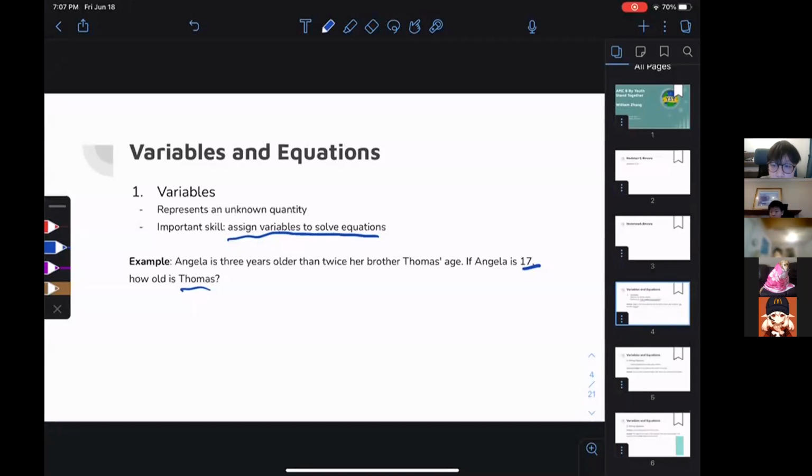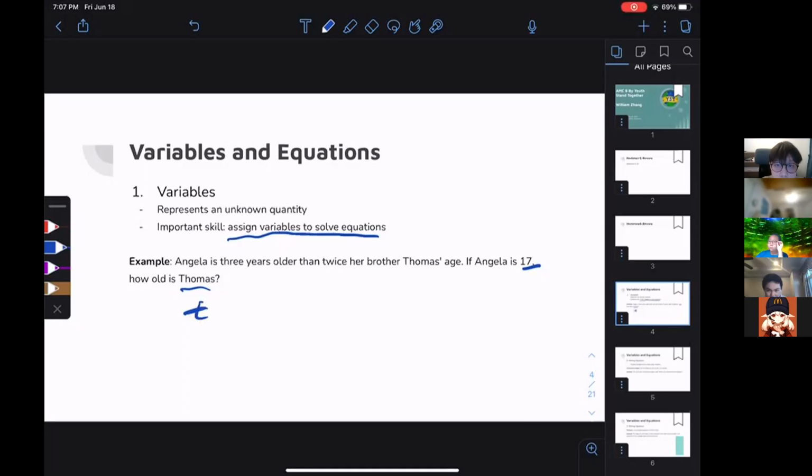Yeah, that's right. Letters usually represent variables, but what does the variable represent? What quantity does it represent in this problem? It's basically representing Thomas's age. Yeah, that's right. To represent Thomas's age, I think it'll make sense to use t or something like that.